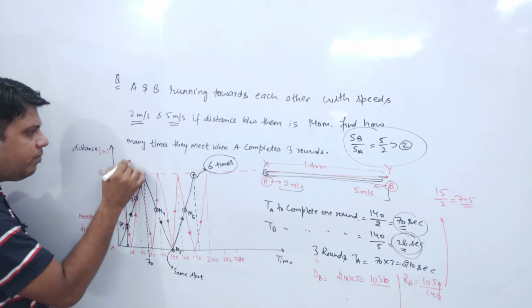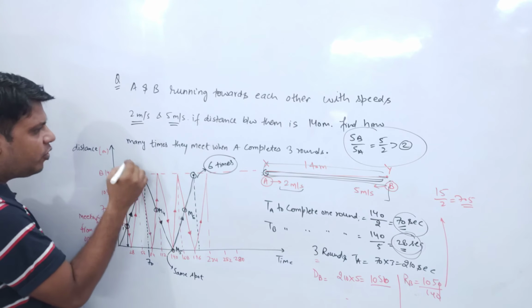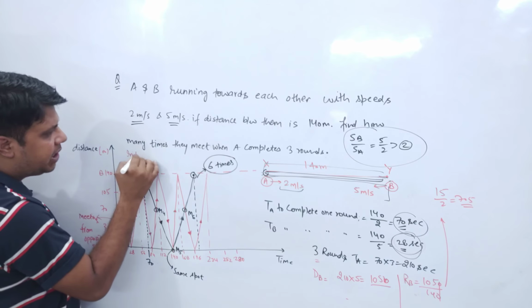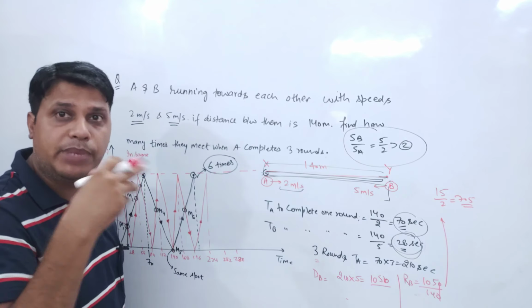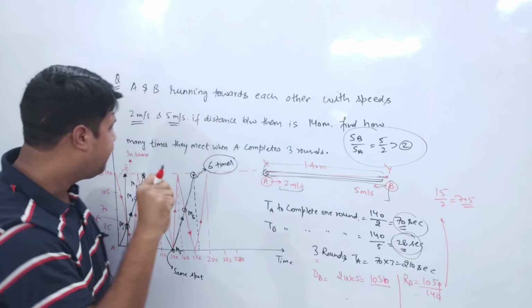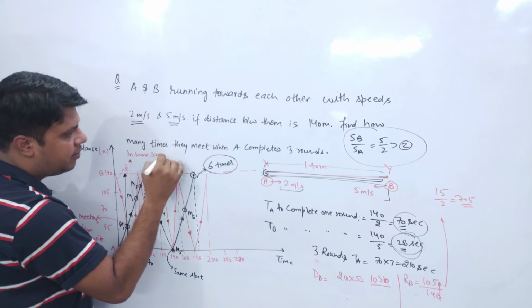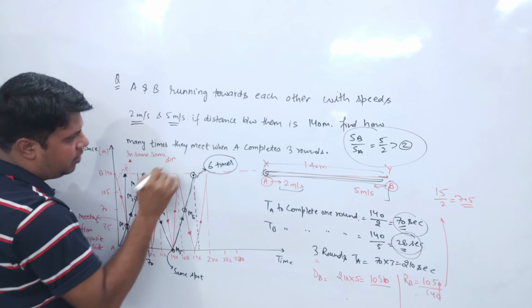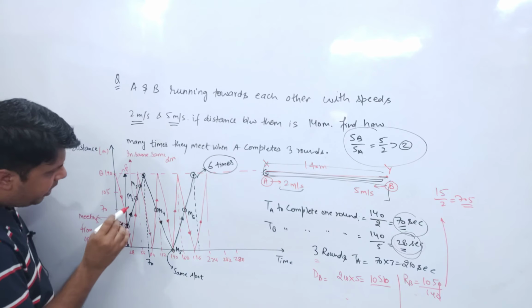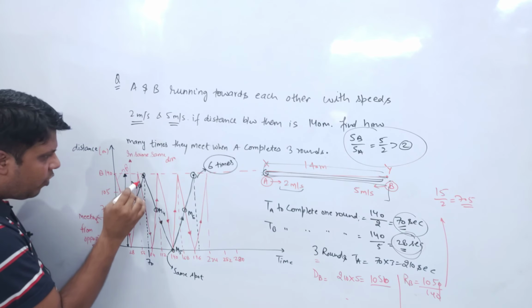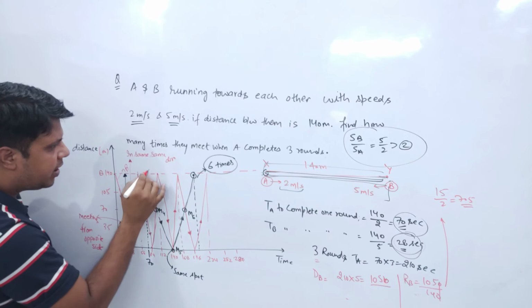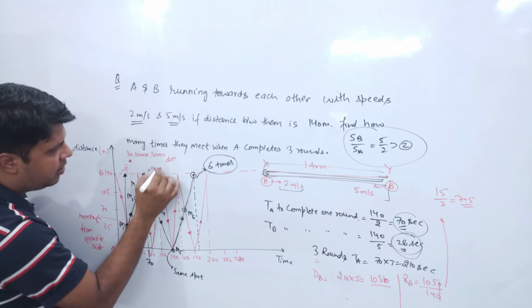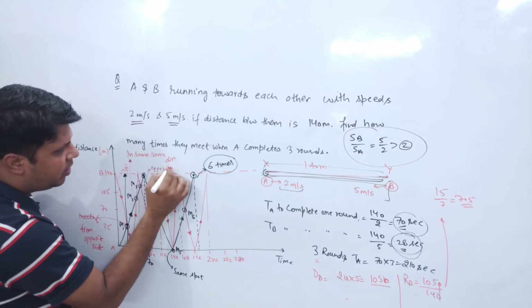So the second meeting would be in the same direction, meaning B will be overtaking, because B is actually faster, so B will be catching A. Okay, third meeting point, you can see. Now B is coming from the opposite end and A is in the same direction. So this is opposite.